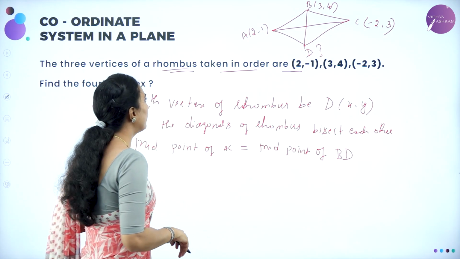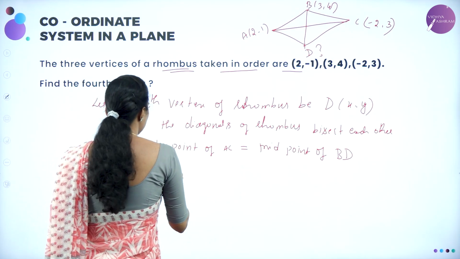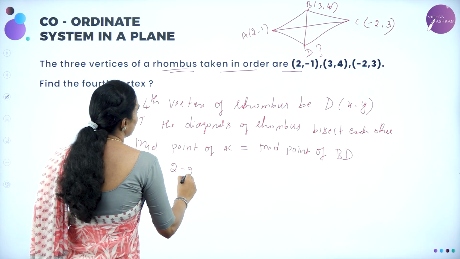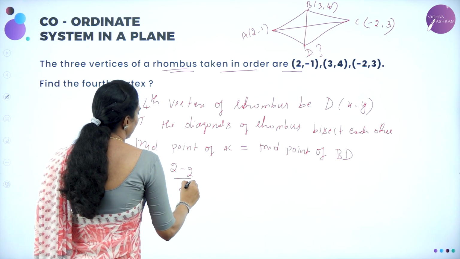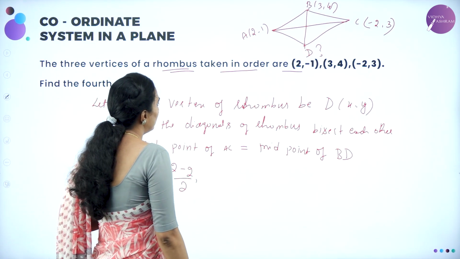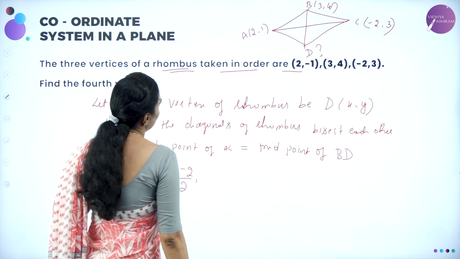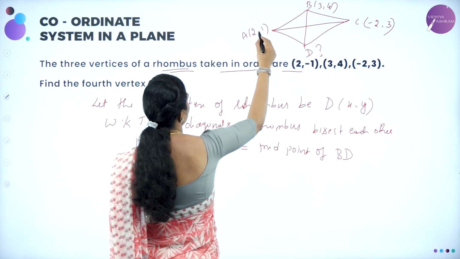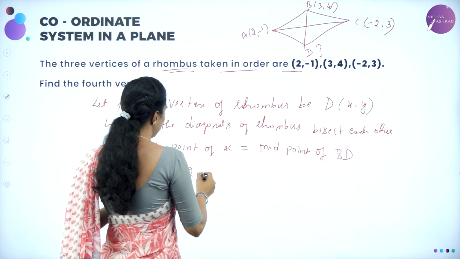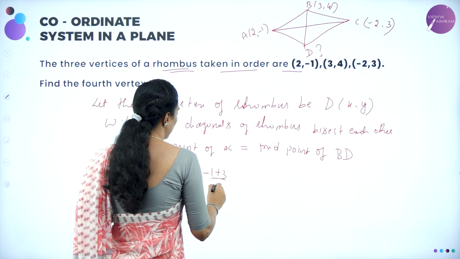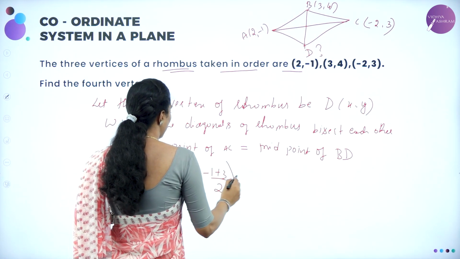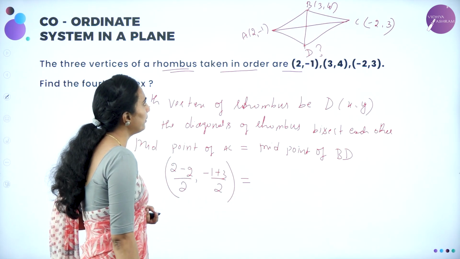So what is midpoint of AC? Midpoint of AC is 2 minus 2 divided by 2, comma, minus 1 plus 3 divided by 2, which will be equal to, midpoint of BD is what?